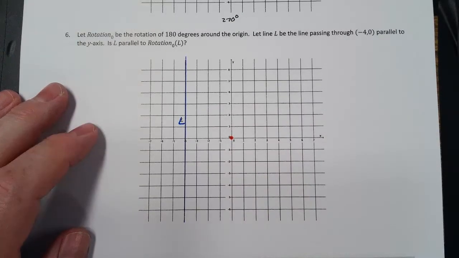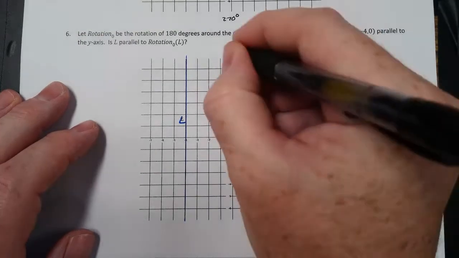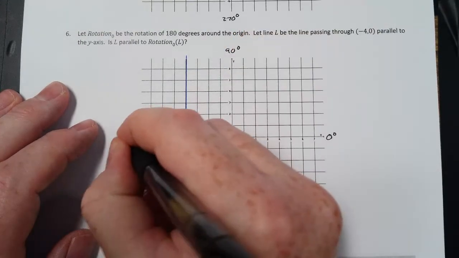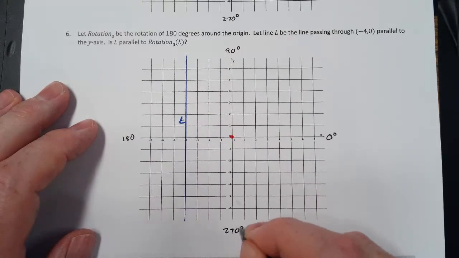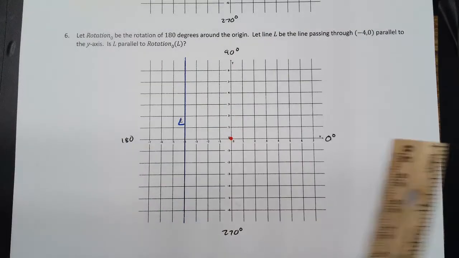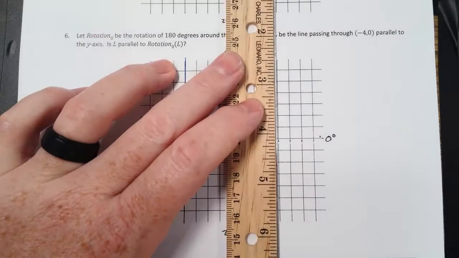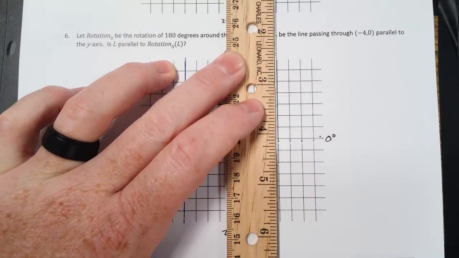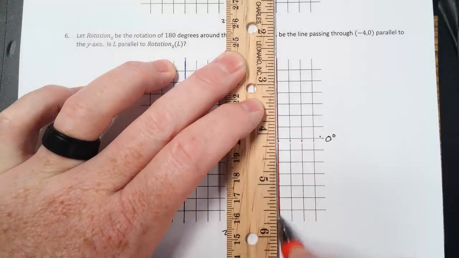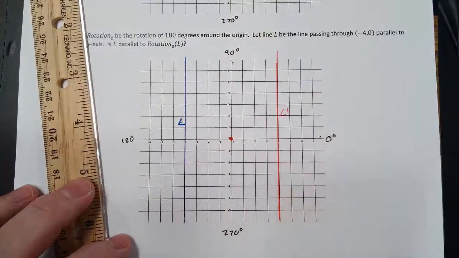Okay, hopefully you paused the video, you did the work yourself. You did 0, you did 90, you did 180, you did 270. You used your transparency, but honestly, you probably didn't even have to. You could have guessed that the new line is going to be right here. And you'd be right if you said that L prime is right here.